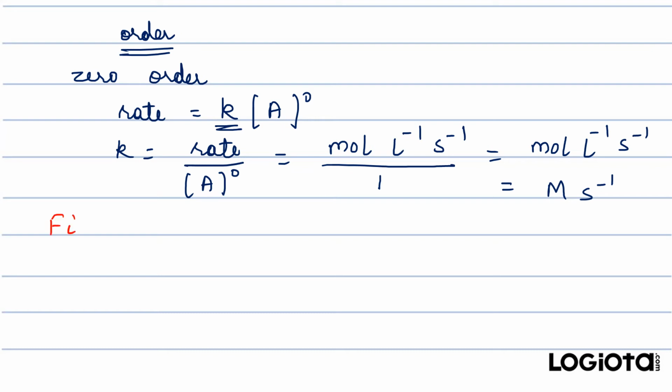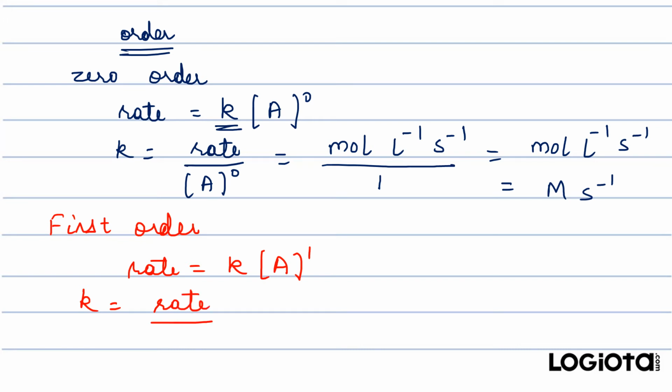For first order, rate will be equal to small k A raised to the power 1. So k can be written as rate upon A raised to the power 1.